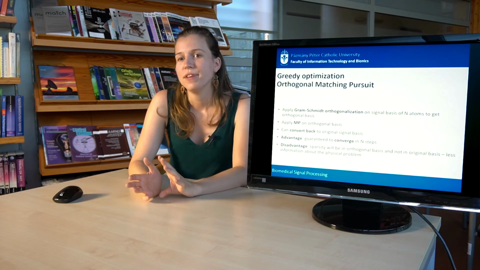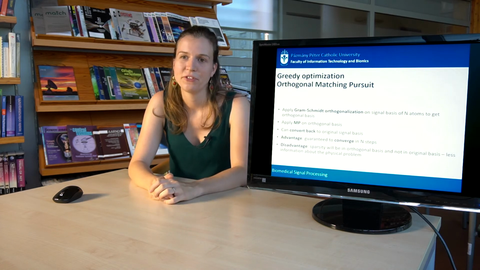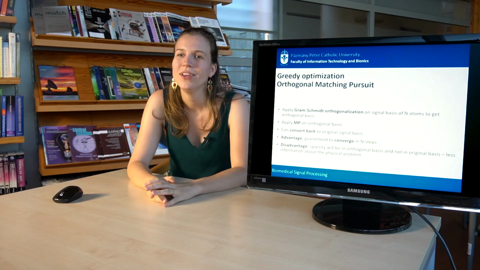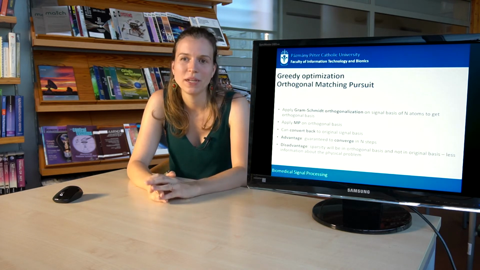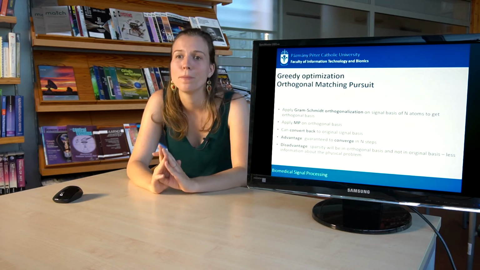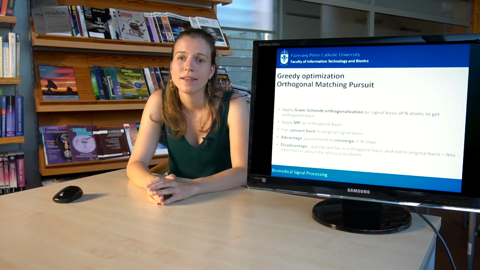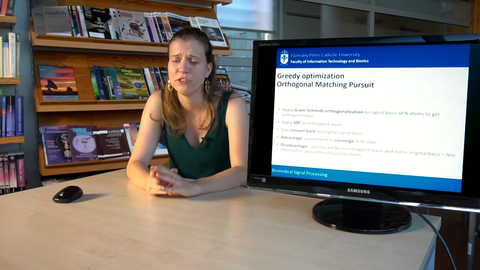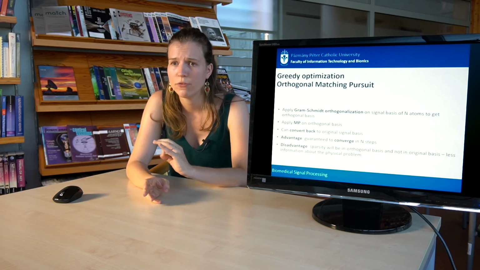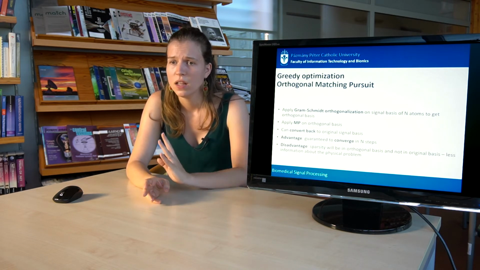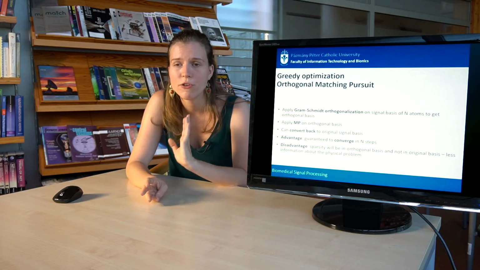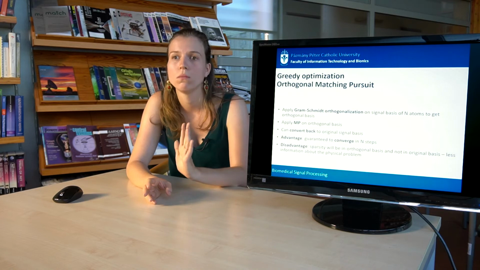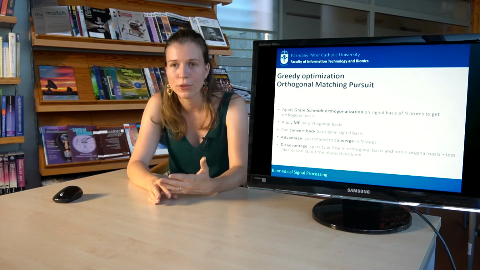There is a pair of it, the so-called orthogonal matching pursuit. In this case, a very simple thing to do is to use the Gram-Schmidt orthogonalization on your basis vectors. And in this case, you will have a very fast convergence. So if you have this orthogonal basis, then you will have very good convergence, which is good from a programming point of view.